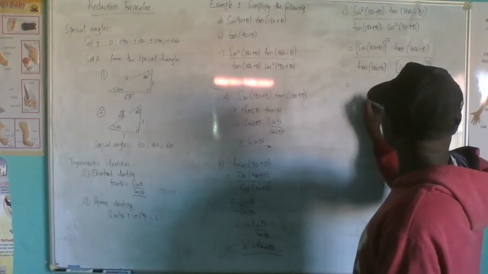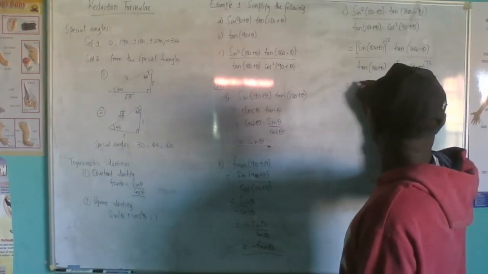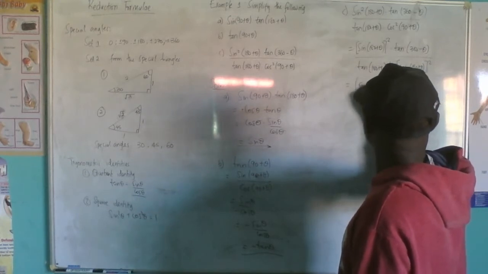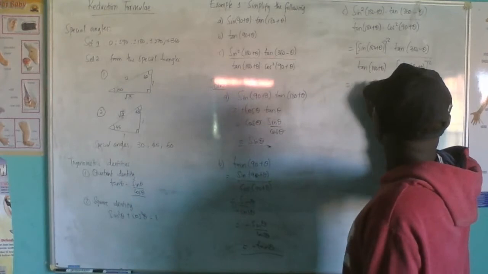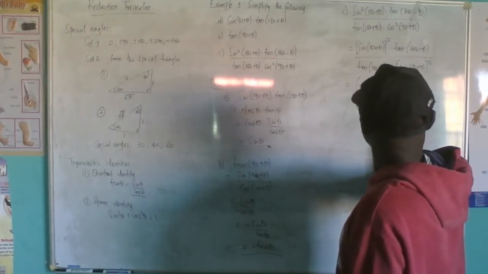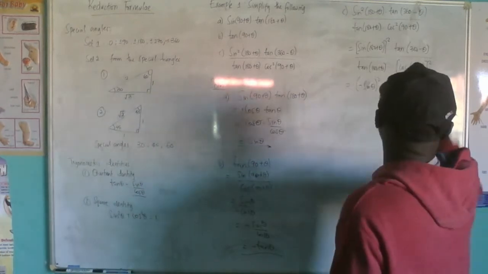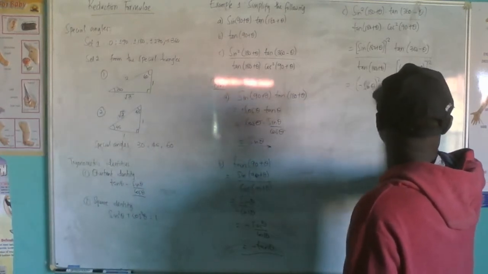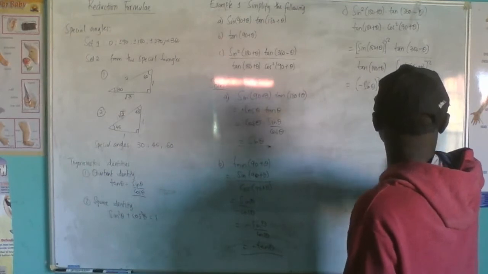The next thing is to simplify what is inside the brackets. Sine of 180 plus theta is in the third quadrant, so this becomes minus sine theta. Then I do the square. How about this one? Tan of 360 minus theta, I'll put the bracket because this will give me a negative tan from the fourth quadrant, minus tan theta.